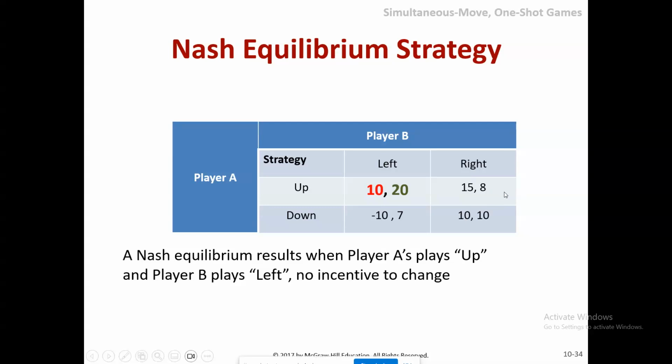But B has incentive to change from right to left so that he can be better off from 8 to 20, holding A's up unchanged. So 15-8 is not at Nash equilibrium. See if you can prove that the other two combinations are not at Nash equilibrium.